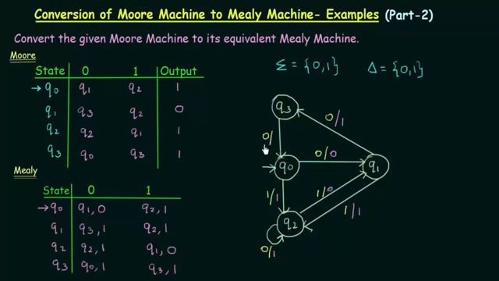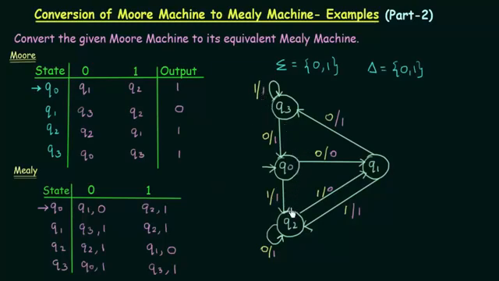And what is the output that it gives? The output it gives is 1. And Q3 on input 1, where does it go? It goes to Q3 itself. And what is the output that it gives? The output that it gives is also 1.